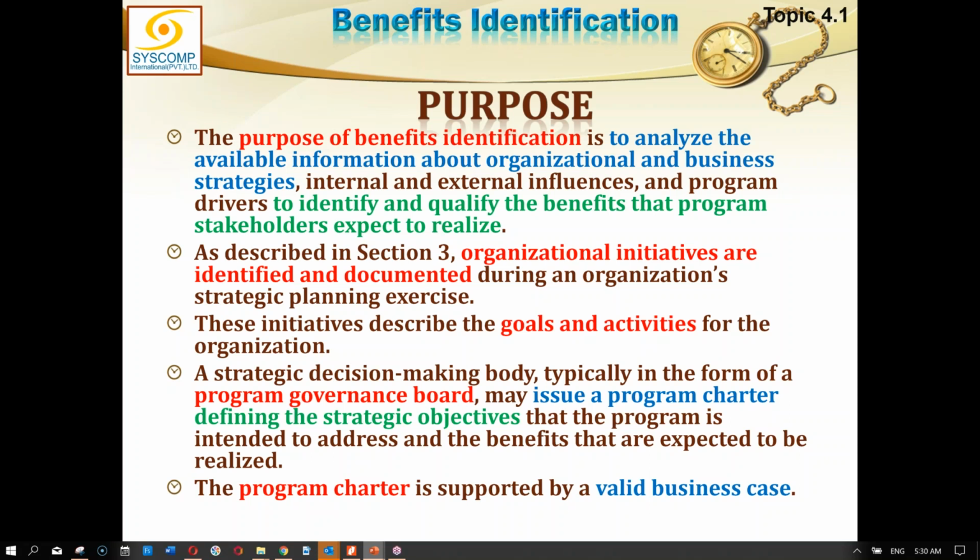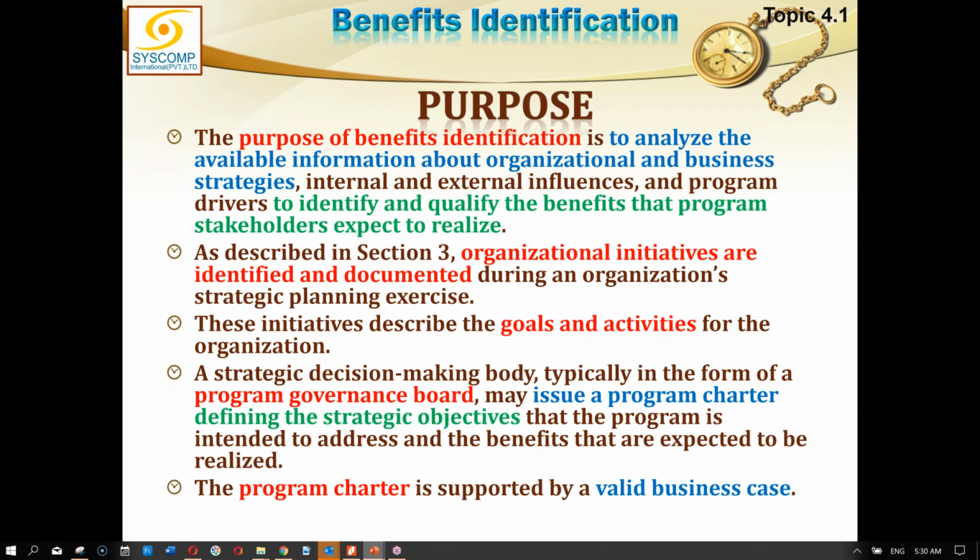A strategic decision making body, typically in the form of a program governance board, may issue a program charter. Now, this we must resolve here: who is the author of the program charter? Again, I will take you back to project management.